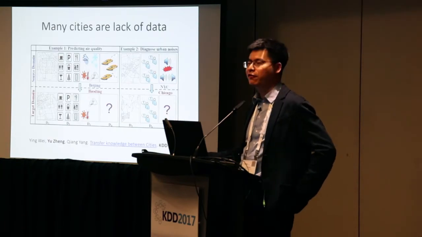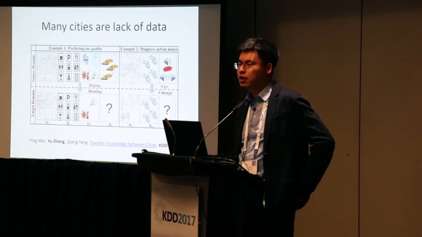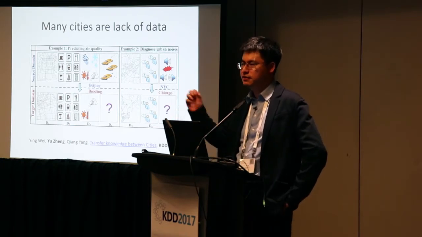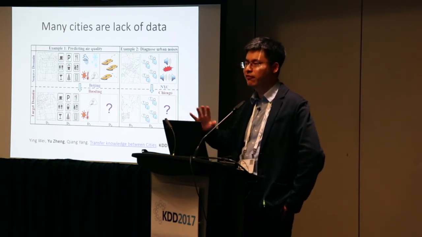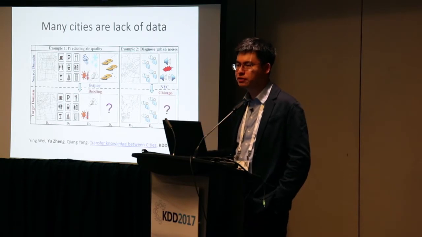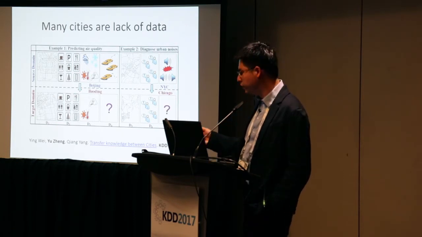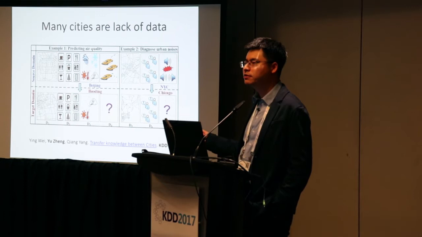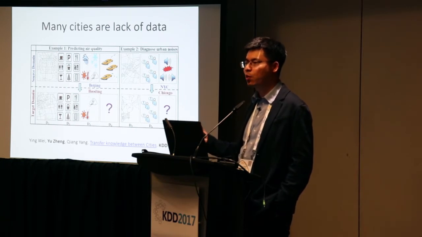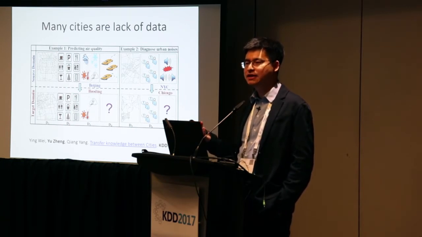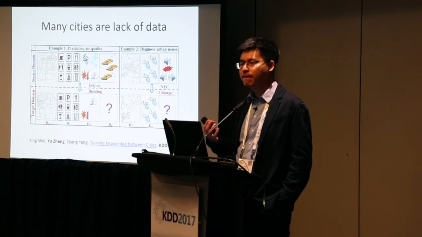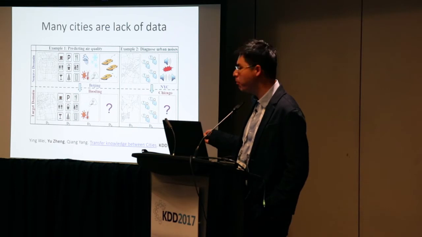In major cities, for example New York or Beijing, we may have rich data sets. We can do a lot of things, like traffic prediction and air quality prediction. But if we go to a new city or small city, where the infrastructure is not well built, or the data has just been received recently, we don't have enough data, or we may miss some types of data.